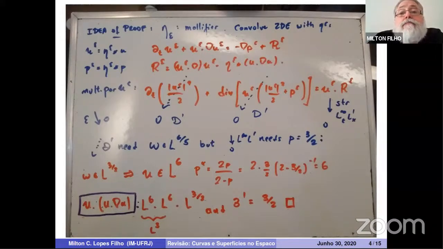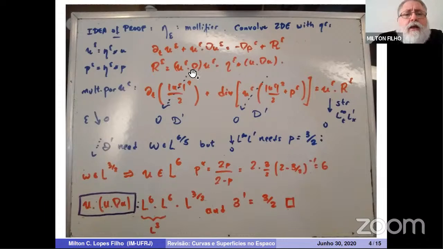Once you have that, you have a precise energy balance equation: multiply the equation by u, and get what I would call an energy balance equation, and you want to pass to the limit when epsilon goes to 0 to derive something for the original weak solution that you started with. So send epsilon to 0, and you're going to see these terms converge to whatever it is that you want.